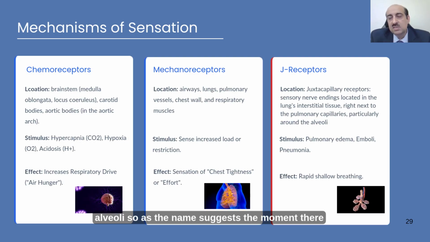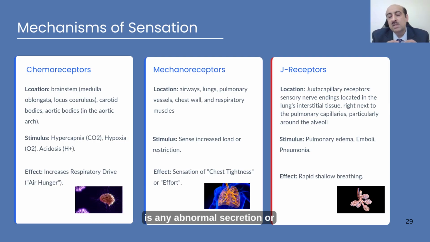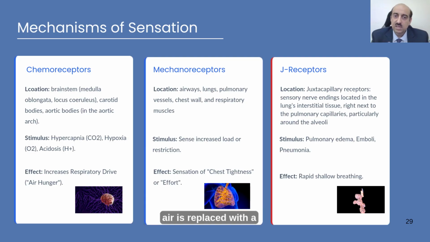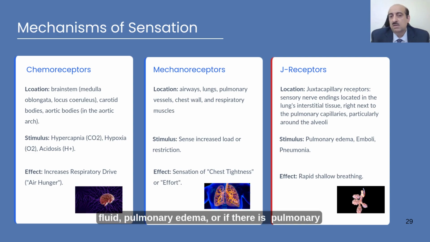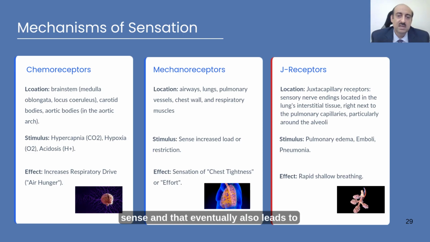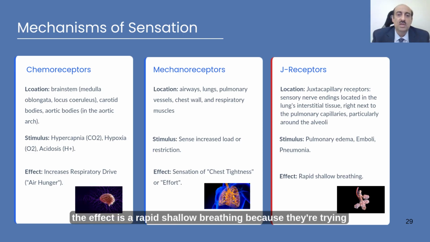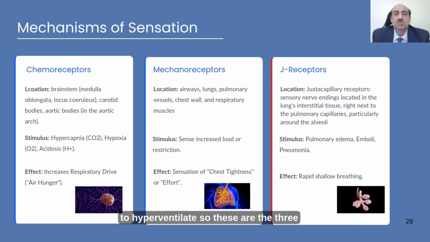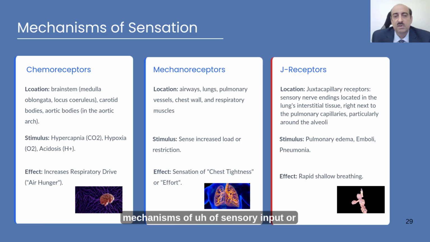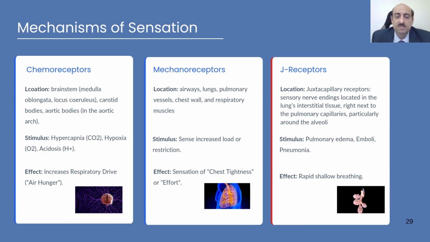The moment there is any abnormal secretion or material in the alveoli, that means if the air is replaced with fluid, pulmonary edema, or if there is pulmonary embolism, or pneumonia or consolidation, they sense it, and the effect is rapid shallow breathing, because they are trying to hyperventilate. So these are the three main mechanisms of sensory input, or the afferent input to the brain itself.